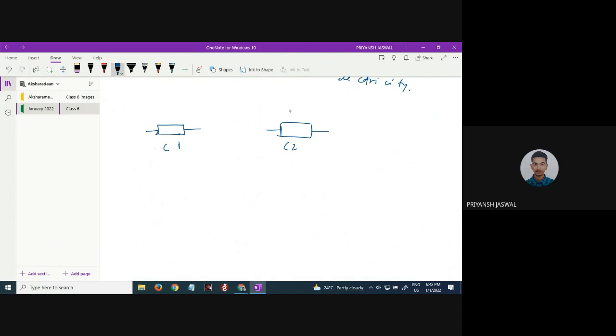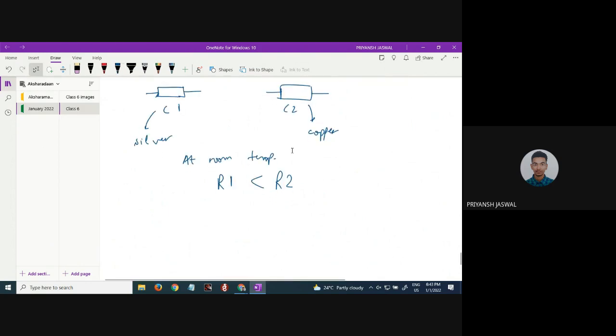Now, suppose this is silver material and suppose this is copper. So at room temperature, the resistance for the first conductor, the first identical component, will be less than the resistance for the second component.